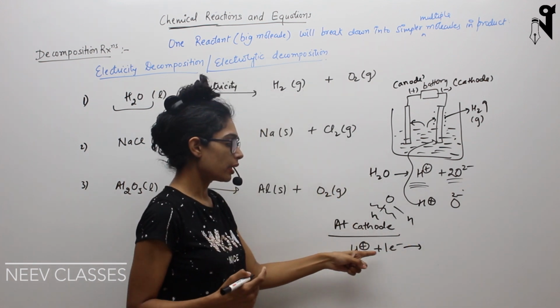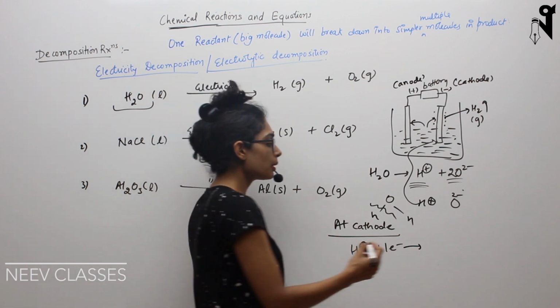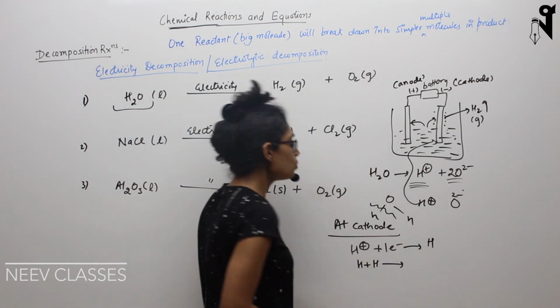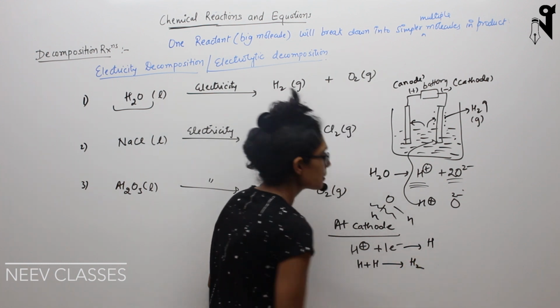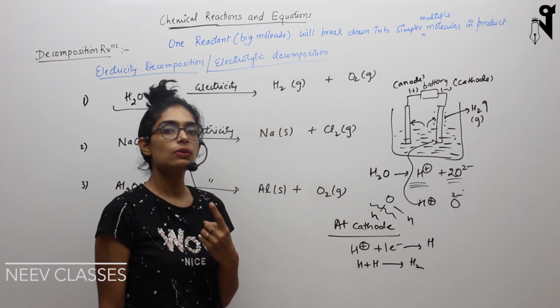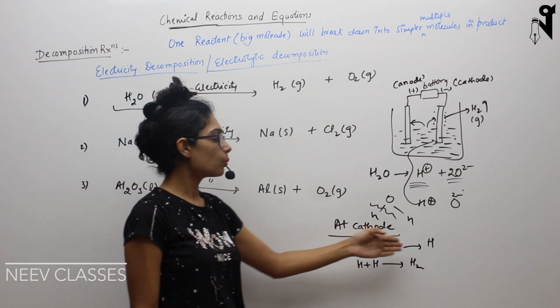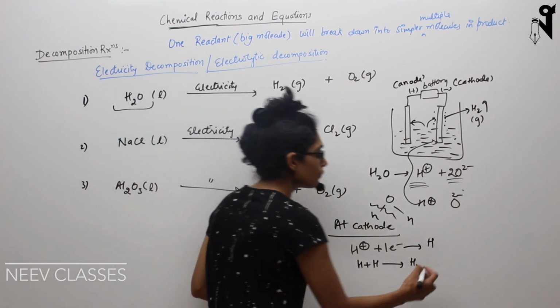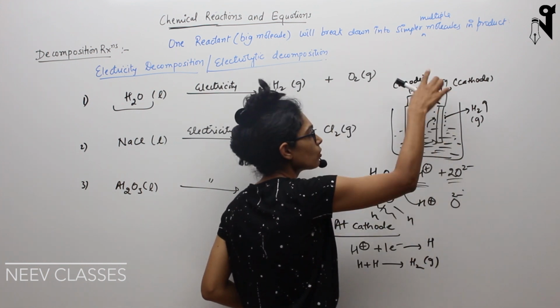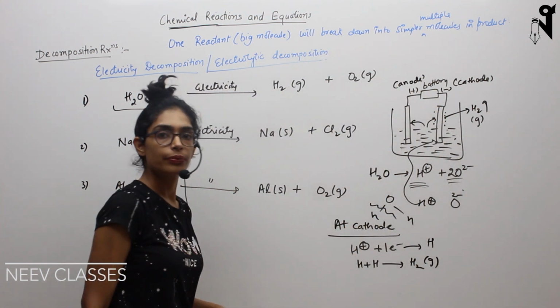Hydrogen had one electron less, so it will become a hydrogen atom. Two such hydrogen atoms will combine to form hydrogen gas, because obviously not only one H plus will go, multiple H plus will go and get converted into hydrogen atoms. These two hydrogen atoms will combine and form hydrogen gas and get released from the cathode side.